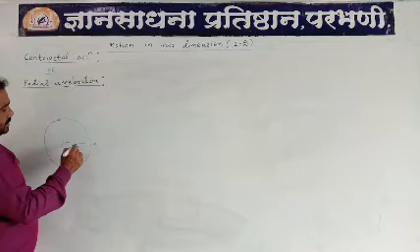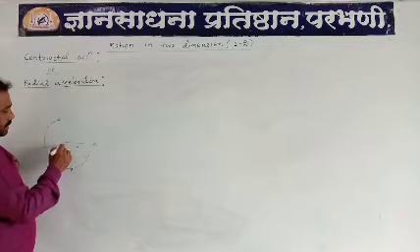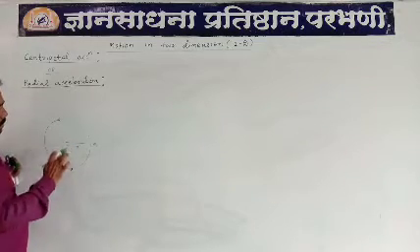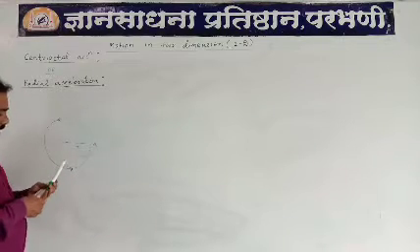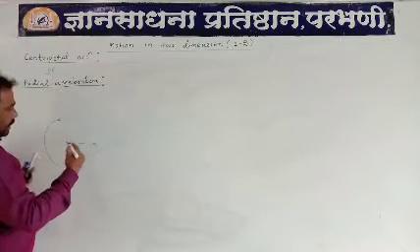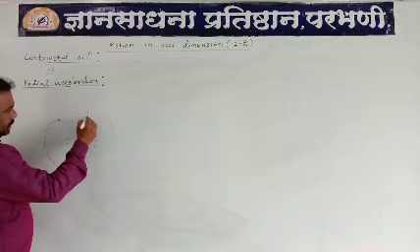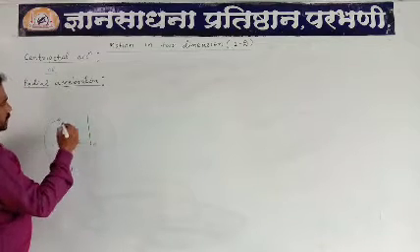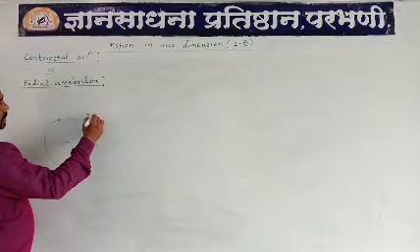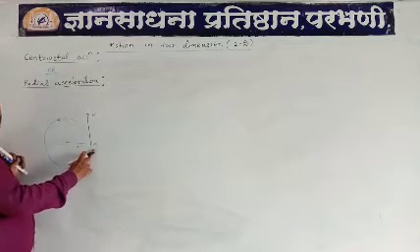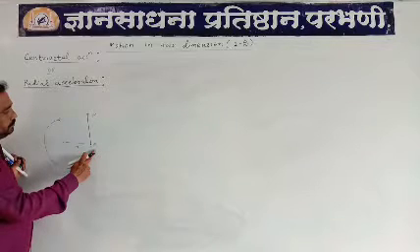This one is the radius, the center is O. When the particle is at point A, draw a tangent, and this tangent represents the direction of the particle when it is at point A.